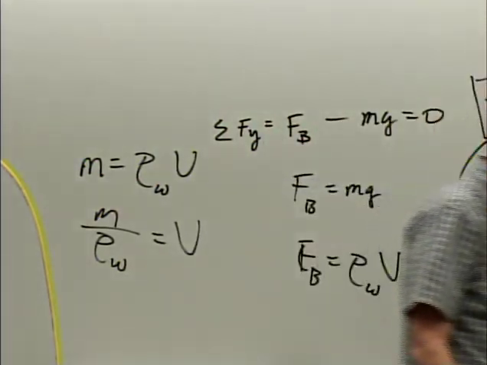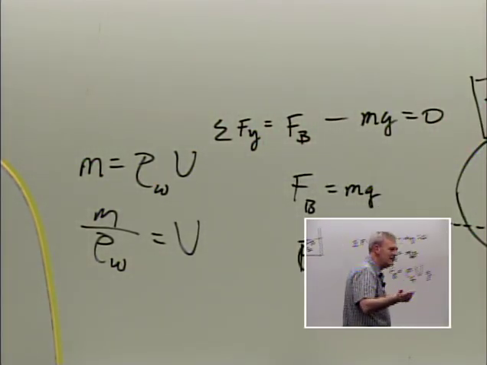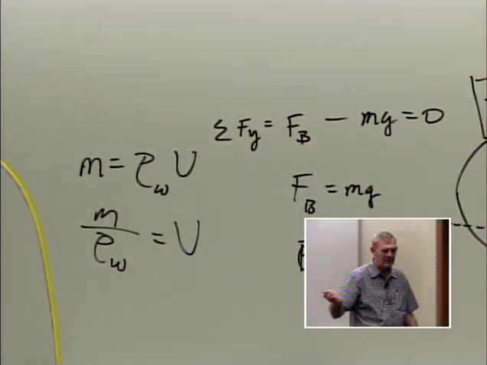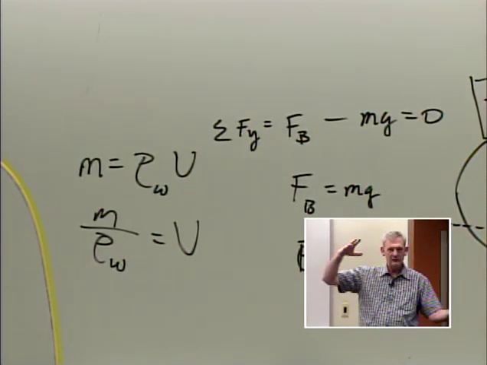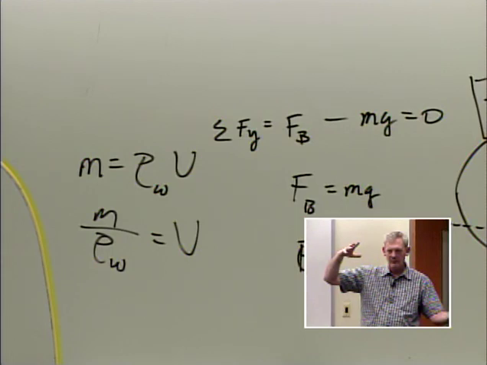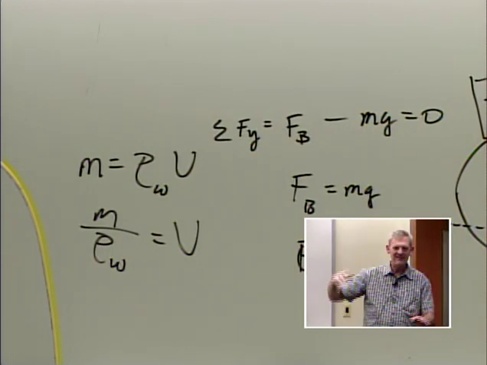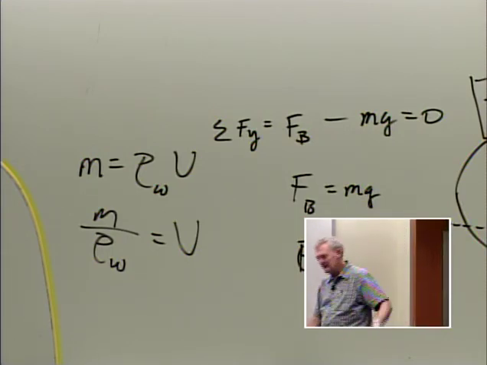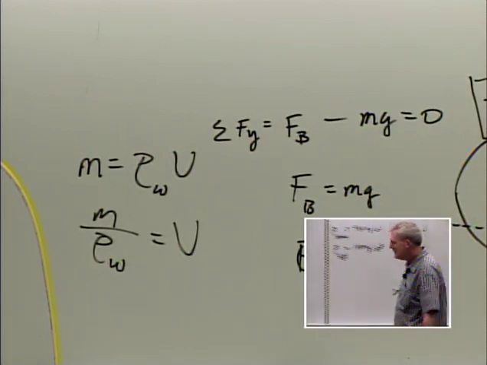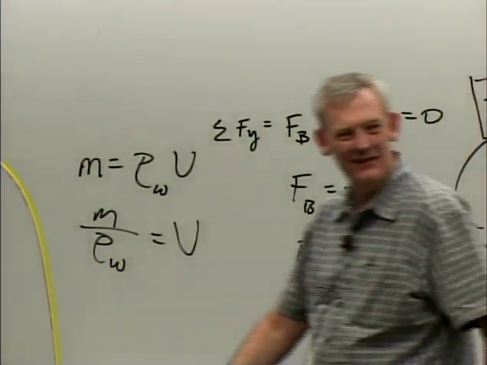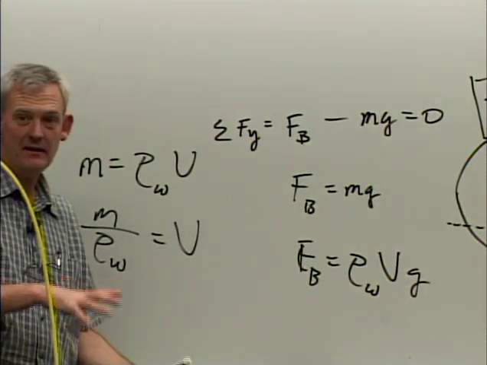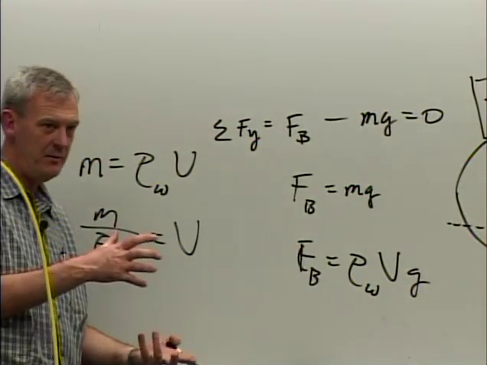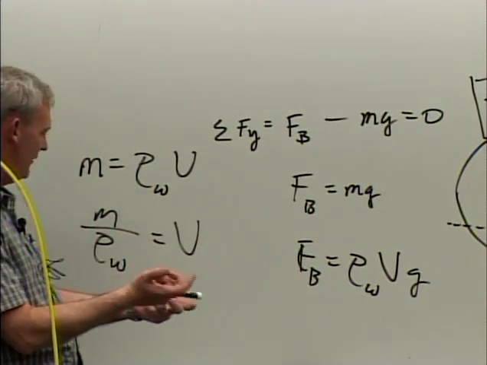Now, what's the overall volume of the beach ball if you know the radius? How do you find the volume of a sphere? Times 4/3 pi r cubed. I was getting ready to say, integrate that thing, but pi r squared is the area of a circle, and pi r cubed gives me the volume of a sphere.